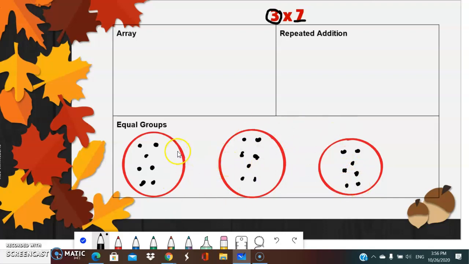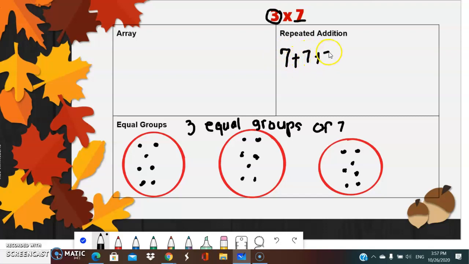So using my model, I know that I have 3 equal groups of 7. So now I can create my number sentence, and my repeated addition sentence will be 7 plus 7 plus 7, which gives me a total of what?